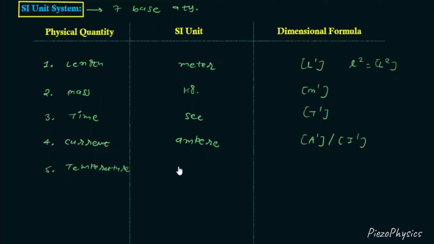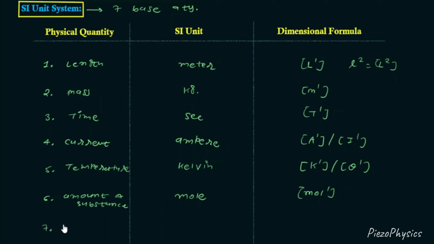Its SI unit is Kelvin and its dimension is represented as K power 1, or sometimes it is represented as theta power 1. Sixth fundamental quantity is amount of substance. SI unit of amount of substance is mole and its dimension is mole power 1.